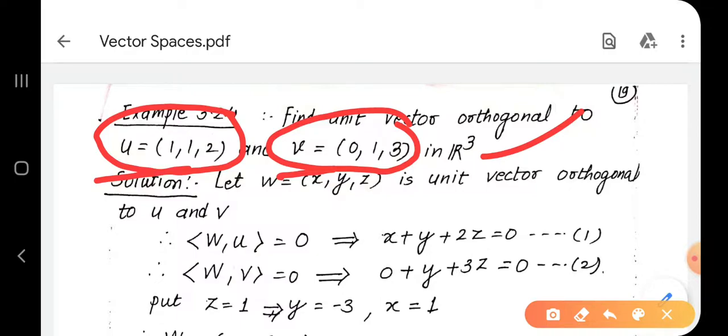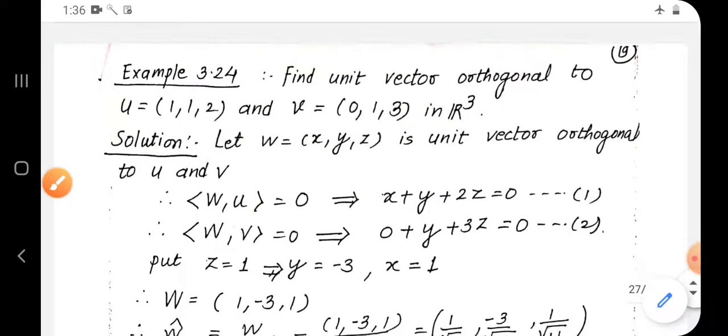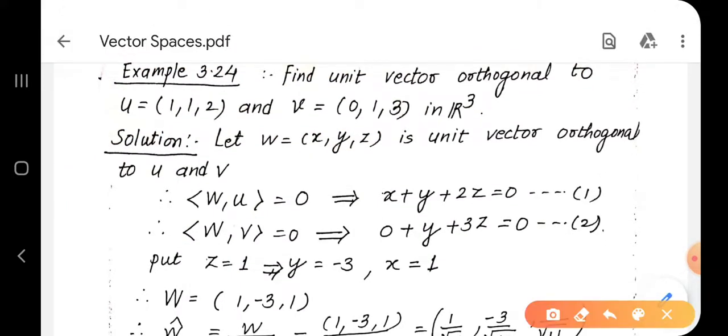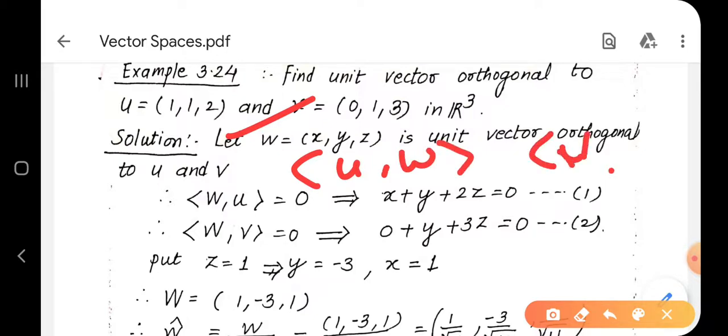So for that I consider w = (x, y, z) to be the unit vector. Let w = (x, y, z) be our unit vector which is orthogonal to u and v. So take the inner product of u and w, you may take any order, and similarly the inner product of v and w, right?